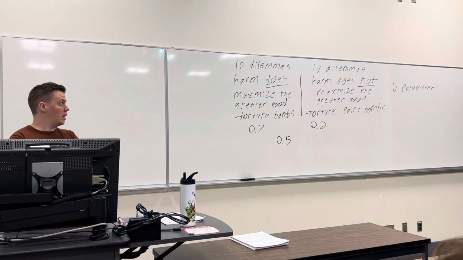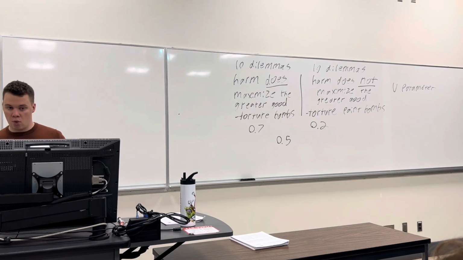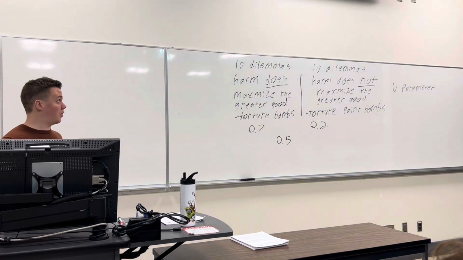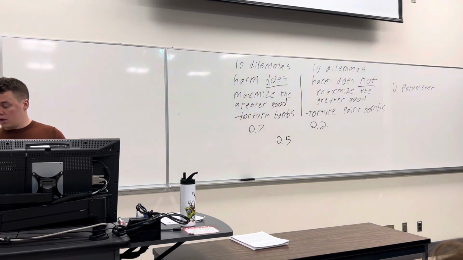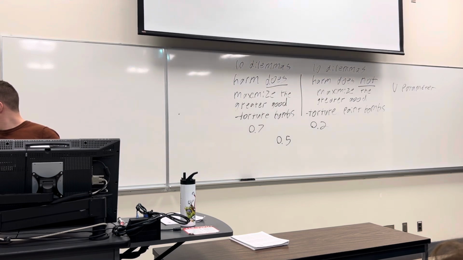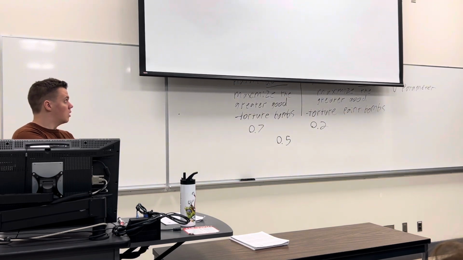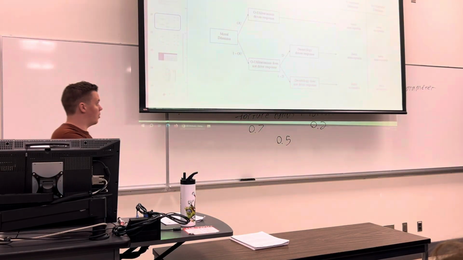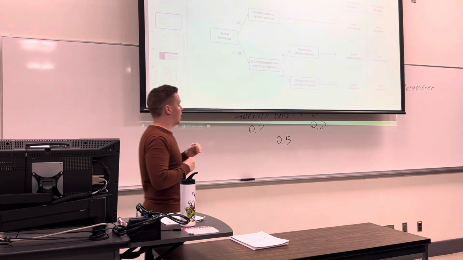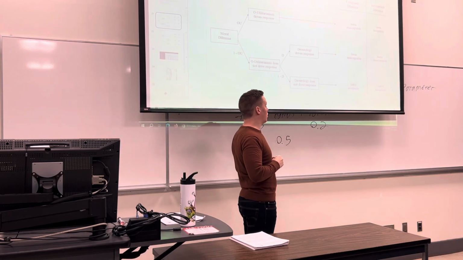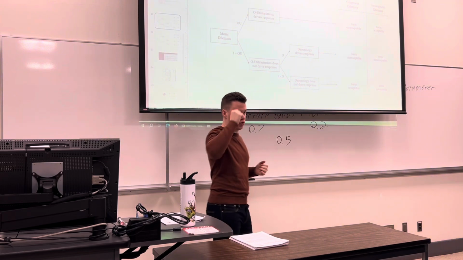Another point I'll make, we won't be tested on this, but you'll see this in the paper. You have to talk about the congruent versus incongruent dilemmas. This is how process dissociation models work.